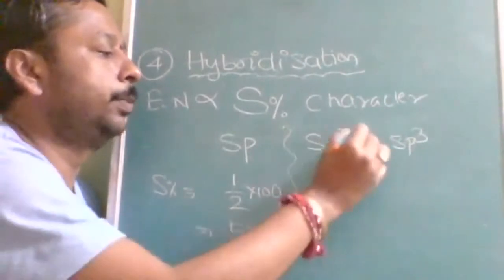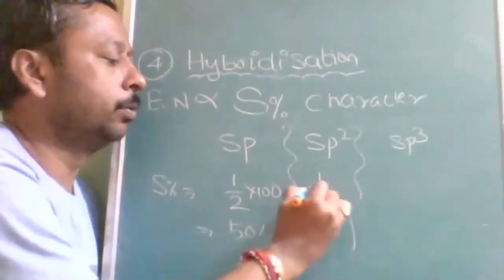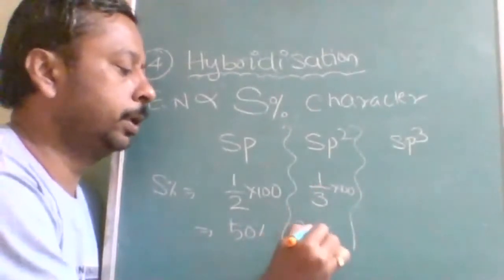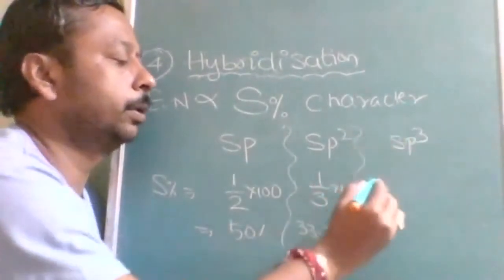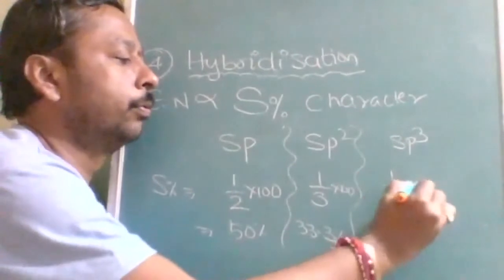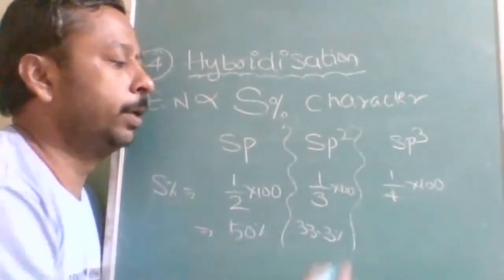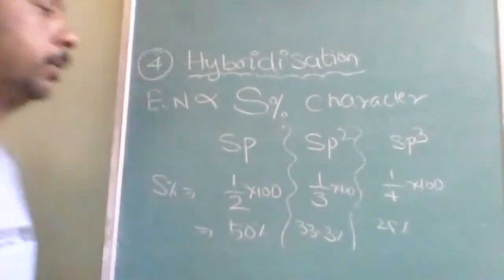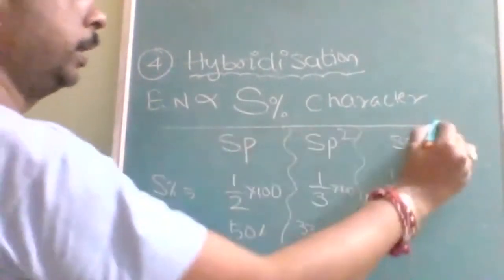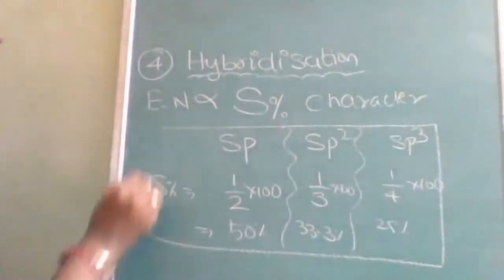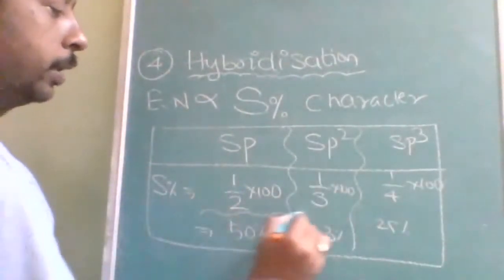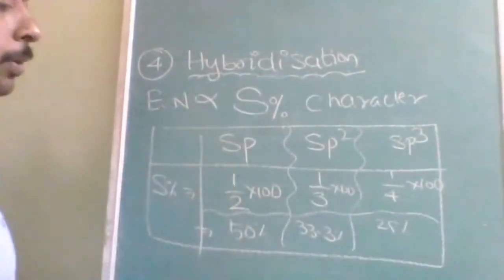Now if it is sp2 hybridized, one out of three orbitals is s, therefore 33.33%. In the same way, one out of four in sp3 hybridization, therefore it will be 25%. You will completely understand this hybridization in chemical bonding, but we will not come back and study it, that's why I am teaching it here itself.